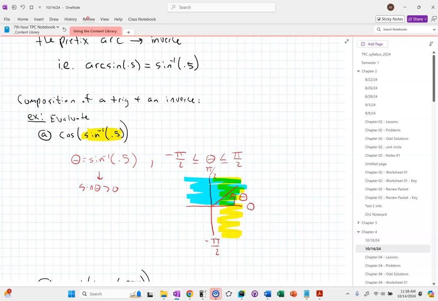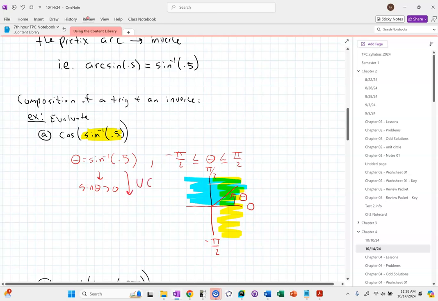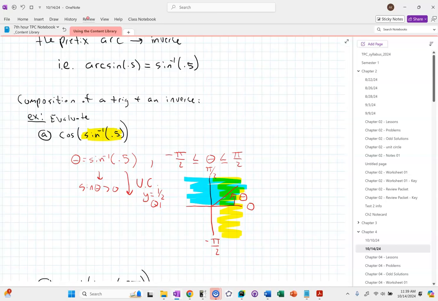Okay. So I'm going to go to my unit circle, because I recognize 0.5 as a unit circle value, right? I'm going to look for where the y-coordinate is 1/2 in quadrant 1. Why am I using the y-coordinate? Because it's sine. Very good. And we just established why it's in quadrant 1, right?